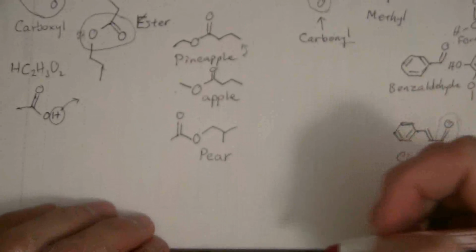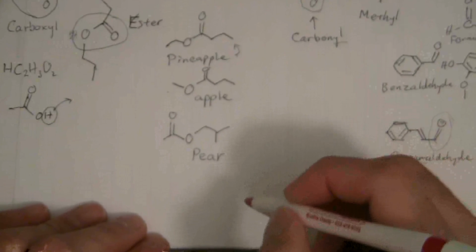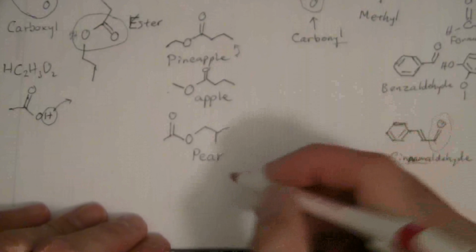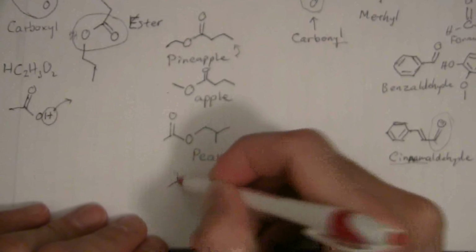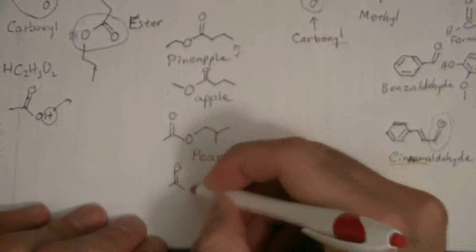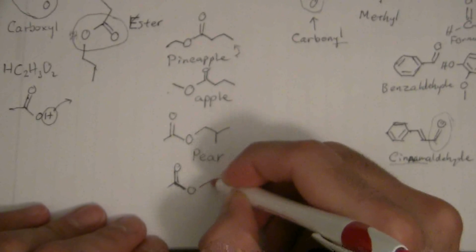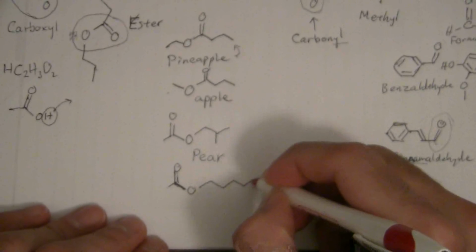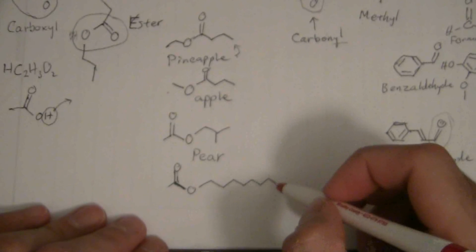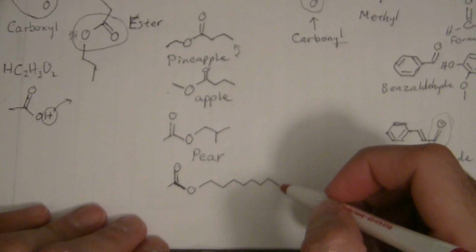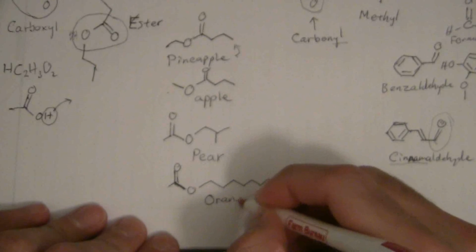Okay, and some esters have a kind of citrus type of aroma. One has this same 2 carbon chain on the one side, but on the other side it has a long chain of 8 carbons, 2, 4, 6, 8 carbons there, and this particular one has the aroma of oranges.